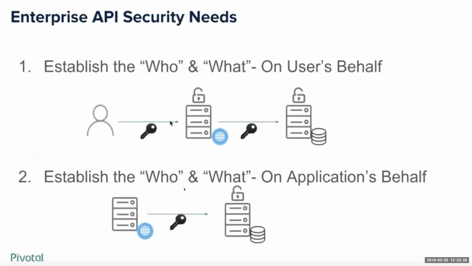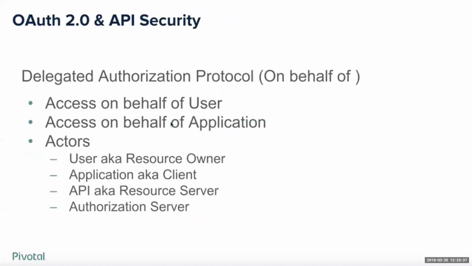Those are the use cases that you address in terms of enterprise API security needs. The way you do that is through something called OAuth 2. OAuth 2 and API security is a protocol that was designed to establish this who and what, both in terms of user as well as application.